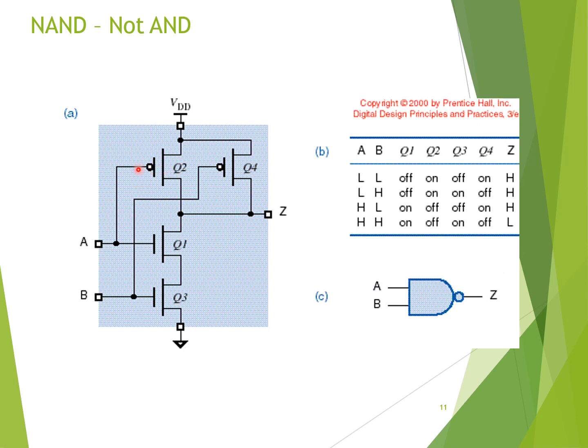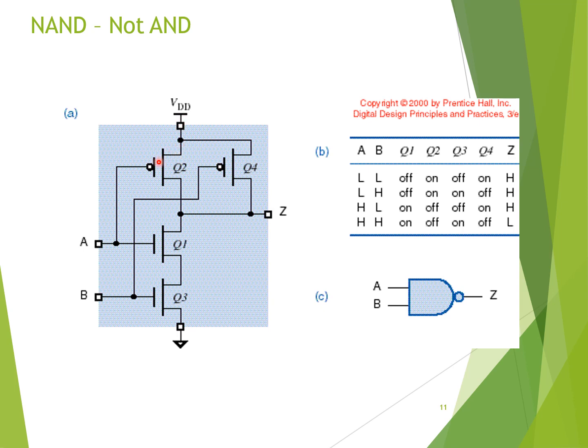Listen here. We are having the first input connected to one inverter circuit which has two transistors Q1 and Q2. Okay, so the next one is B. B is connected like this. Hope you can understand from the diagram. So this Q4 is interconnected with this drain voltage.